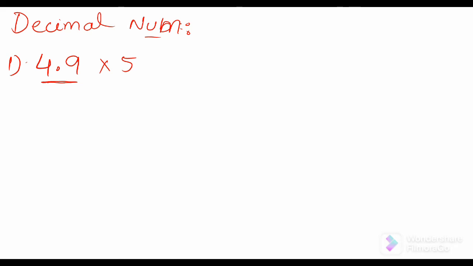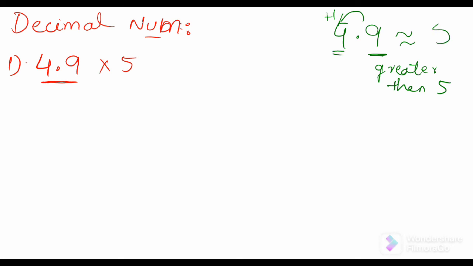Look at this number, it is 4.9. If I have to round it off, I have to look at the digit after the decimal. It is 9, which is greater than 5. So it means that 1 will be added to 4 to make it equal to 5. So 4.9 is approximately equal to 5.